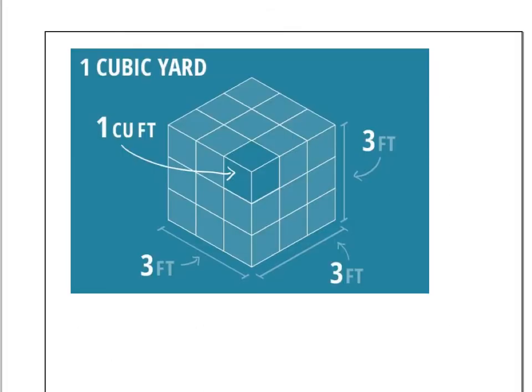Take a look here. This is 1 cubic yard, which means this is 1 yard by 1 yard by 1 yard. The length, the width, and the height are all 1 yard. Now each yard has 3 feet. So think about the formula for volume of a cube, for instance, or a prism. It's area of the base times the height of the object.